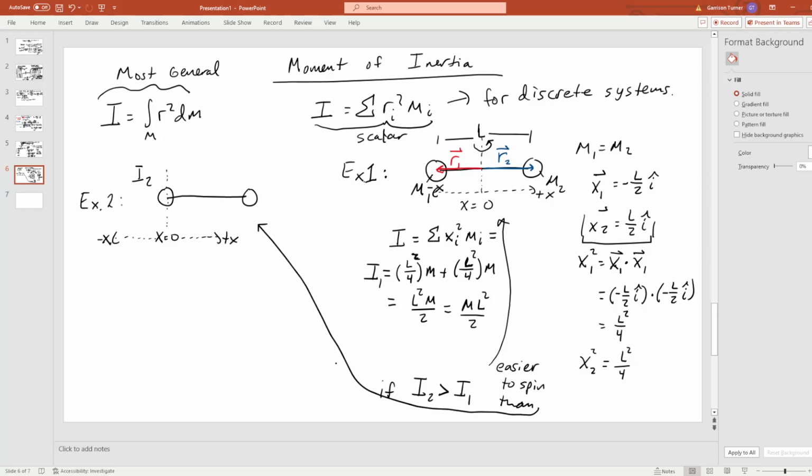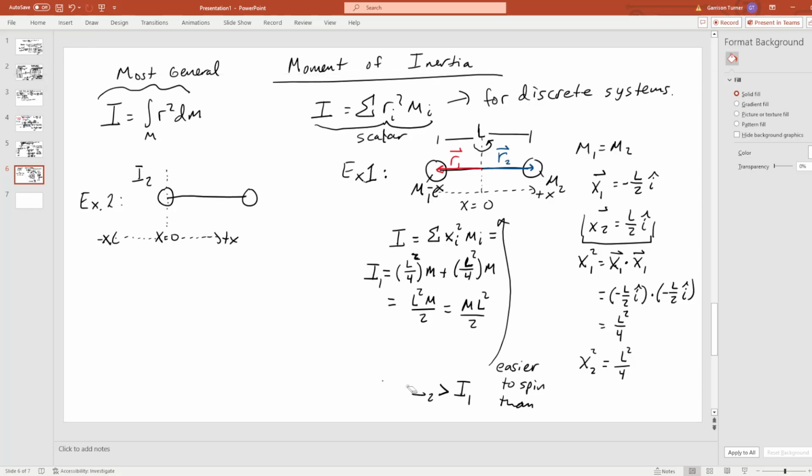If the situations are reversed, then those will be reversed. If I2 is less than I1, then it'll be easier to spin our configuration in situation 2. Okay, so just be aware of that.